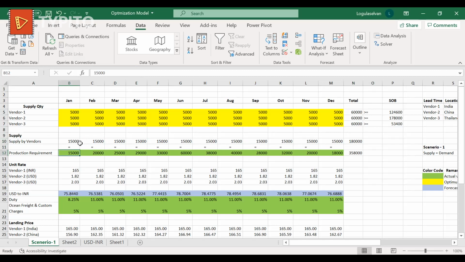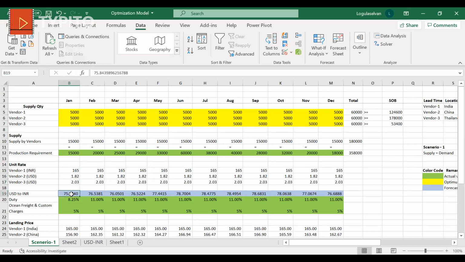Here there is a condition that the production requirement and supply should be equal. So that's why in row 11, I have put an equal to sign. Then comes the unit rate, 165, then $1.82 for the China vendor. Then the third will be the Thailand vendor, 2.03.